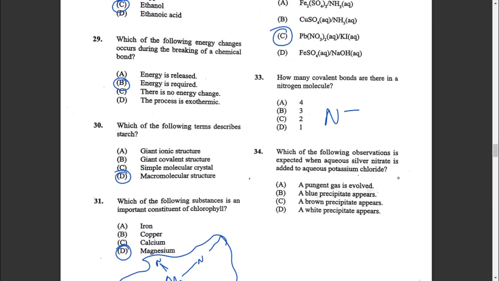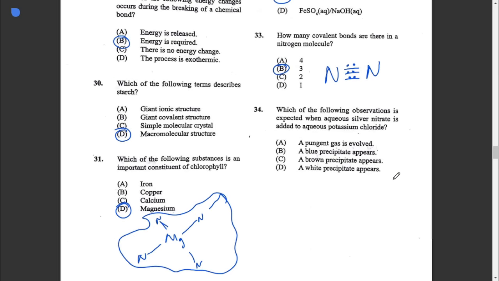If you draw the nitrogen molecule, you will see that each bond contains a pair of electrons, so there are 3 pairs. 34. Which of the following observations is expected when aqueous silver nitrate is added to aqueous potassium chloride? Again, in qualitative analysis, to test for the presence of the chloride ion, we add silver nitrate, and we will get a precipitate of silver chloride, which is white.